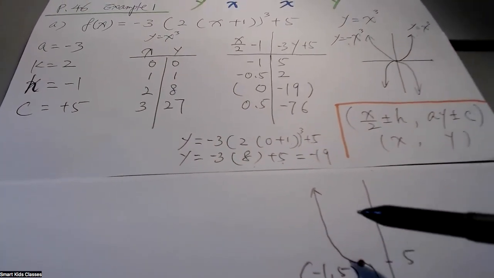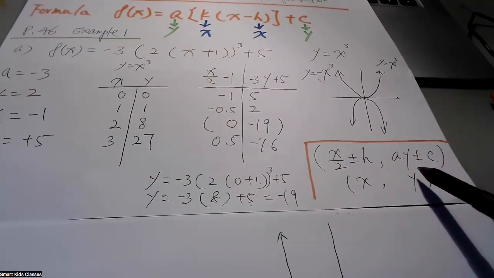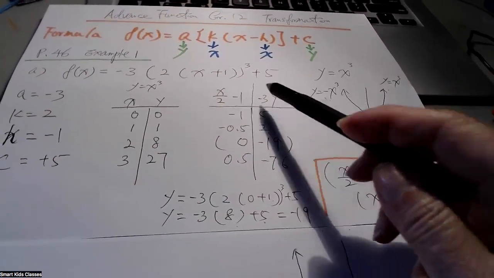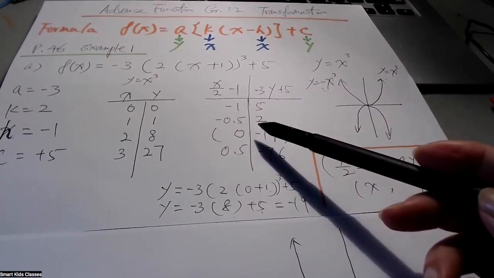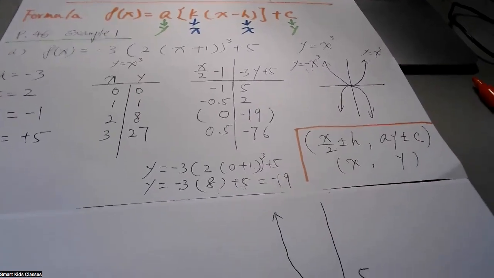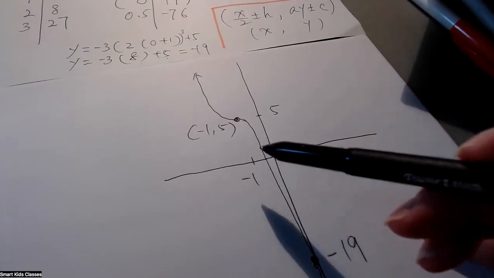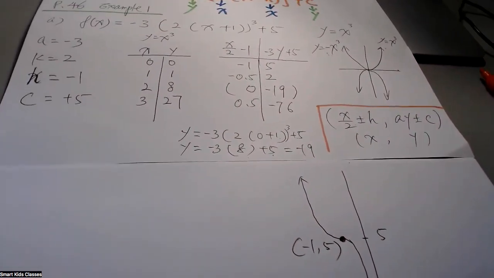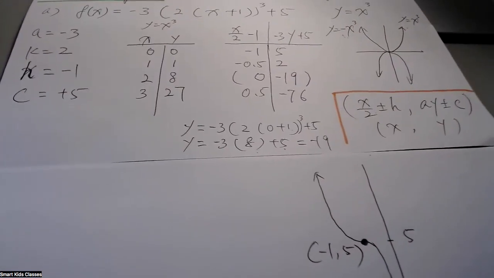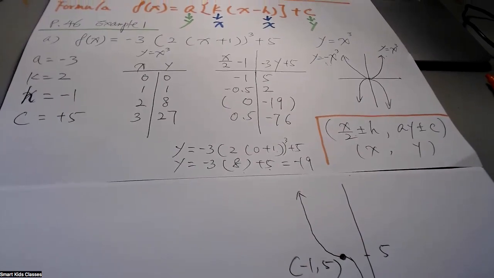All you need to do is apply the transformation equation, calculate the points, get the vertex, and get a few points on the table and plot it. The vertex, y-intercept, and x-intercept control your graph. Now, that's going to finish question 1. We're going to do question 2.